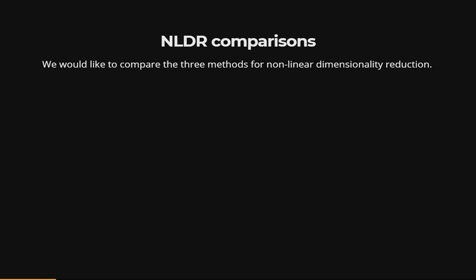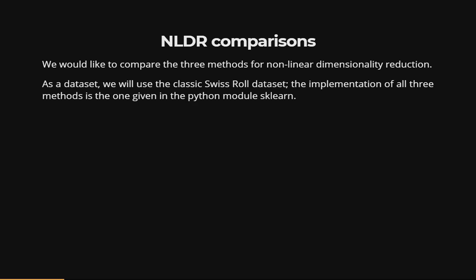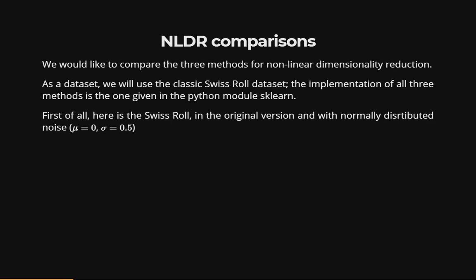So a course about nonlinear dimensionality reduction wouldn't be complete without the Swiss roll, which is the standard data set for this kind of algorithm. We will use two kinds of data set. Classical, the original version, let's say.